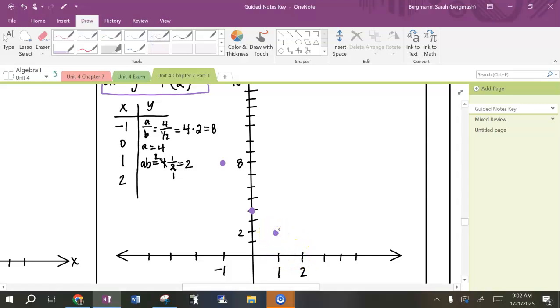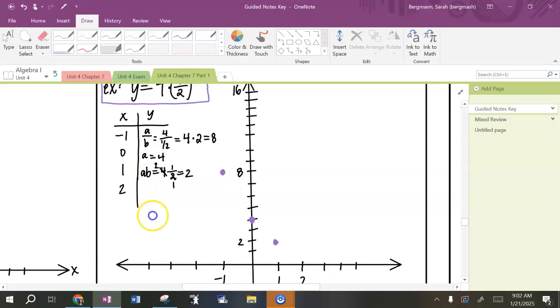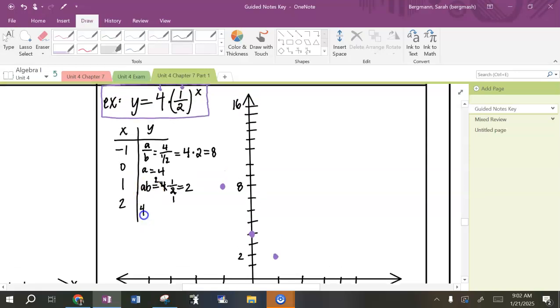These are our 3 key points, but let's add on some more points like x is 2. When we put in 2 for x, let's see what we get. We have 4 times 1/2 raised to the second power. And we know that in the last few lessons we learned that a fraction raised to a power means that power has to go on both the numerator and the denominator. 1 squared is just 1, 2 squared is 4.